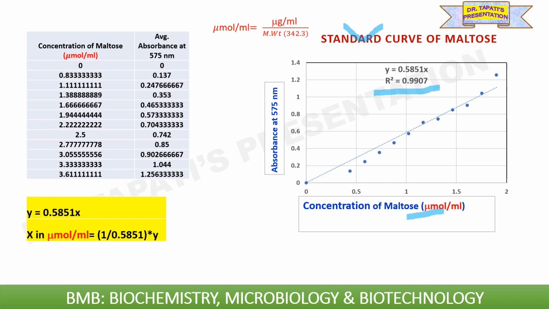So if you know the absorbance of any unknown sample, you can calculate the x value, that is the concentration of maltose, from this equation, where the concentration of maltose of any unknown sample in micromole per ml is equal to 1 by 0.5851 into y, that means into absorbance. 0.5851 is the value for the slope, so you have to multiply absorbance with the slope inverse. Then you can get the concentration of maltose of any unknown sample.